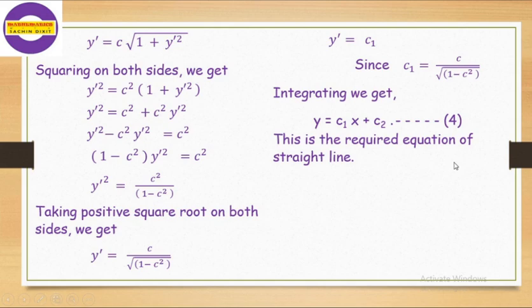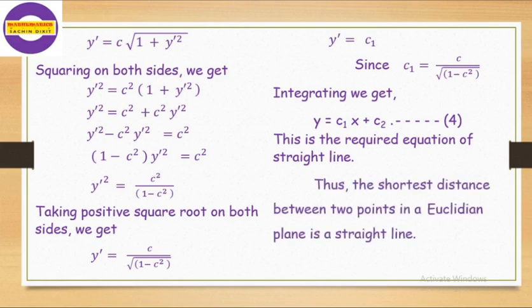This is the required equation of a straight line. Thus, the shortest distance between 2 points in a Euclidean plane is a straight line.